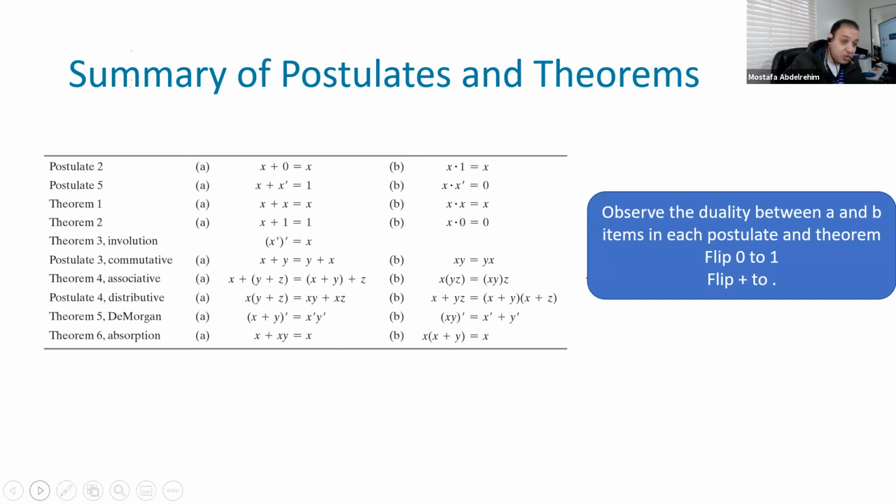Here are all the postulates and all the theorems that we discussed so far. We proved the postulates, or the axioms, using the truth table. We proved the theorems using the truth table.